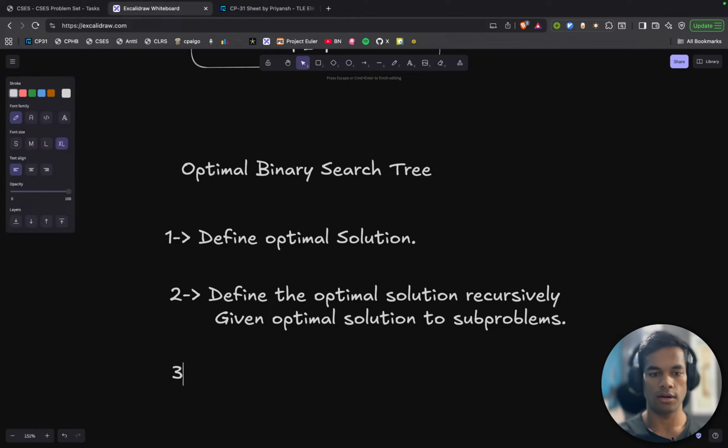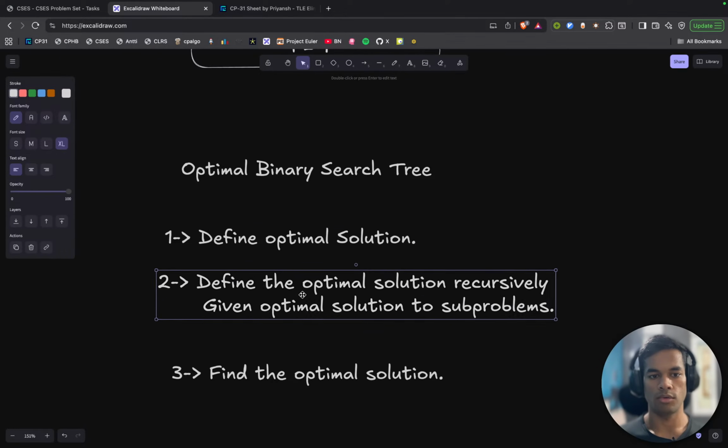And then the third step is to find the optimal solution.